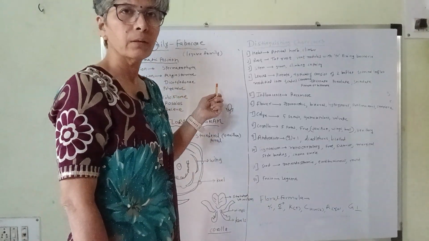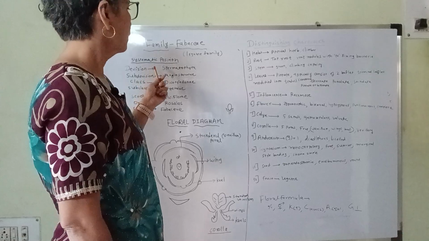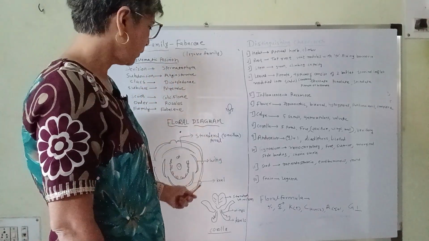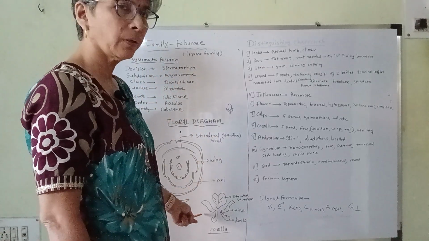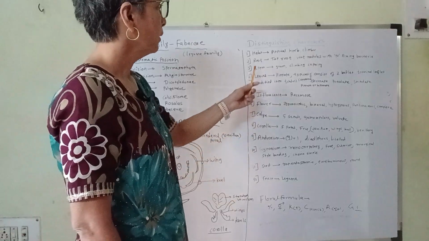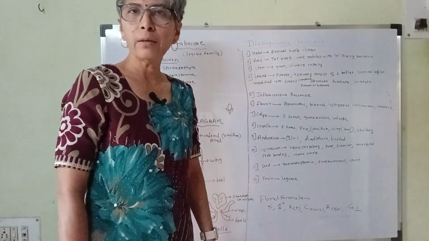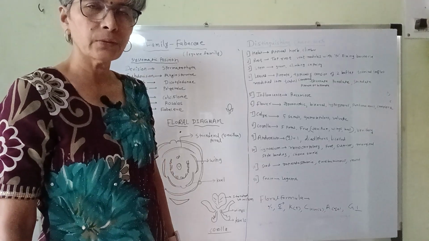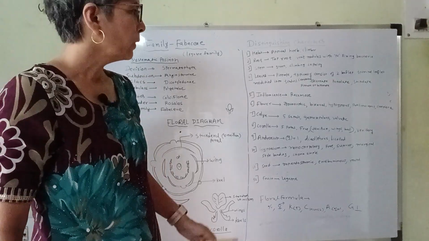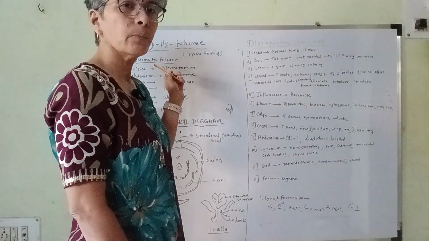This family includes systematic position, floral diagram, corolla diagram, distinguishing characters, floral formula, and diagnostic features. First, we see systematic position.